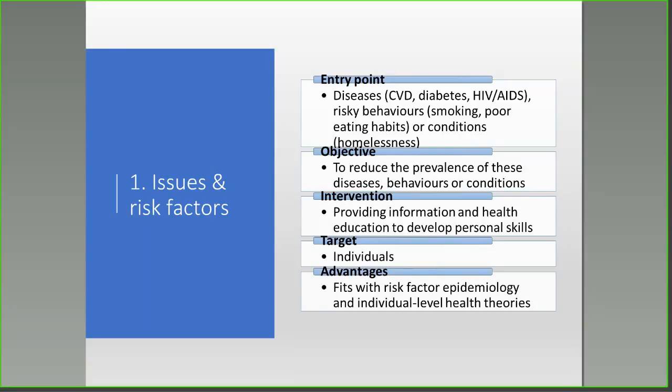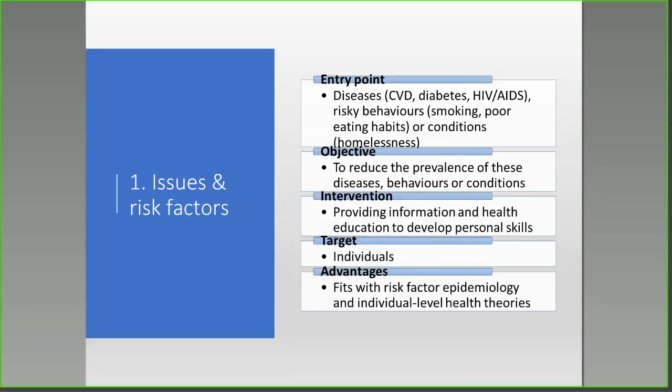So a first popular entry point is issues and risk factors. This might include diseases, risky behaviors, or even conditions such as homelessness. The main objective of interventions that target issues and risk factors is to reduce the prevalence of these diseases, behaviors, and conditions. And this is generally done by providing information and health education to improve health literacy and to develop personal skills in individuals.